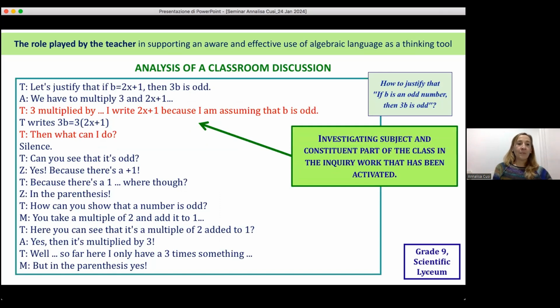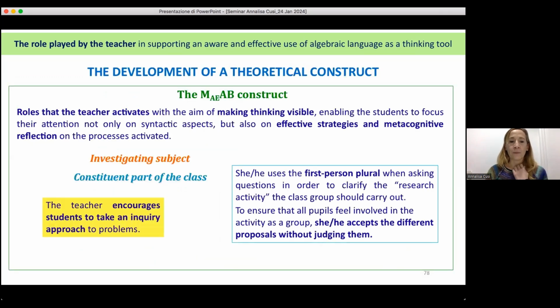At the beginning, the teacher is playing the role of investigating subject and constituent part of the class. What is the idea of this role? This role is played when the aim of the teacher is to encourage students to take an inquiry approach and a collective approach to the resolution of problems.